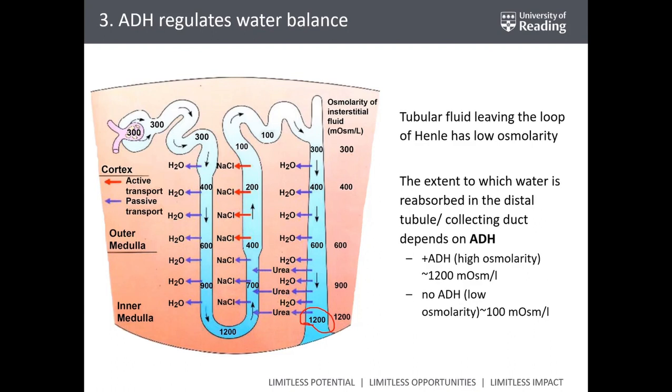But if there is no ADH, water will not be able to move from the collecting duct back into the interstitium. And so the urine will have low osmolarity, and the lowest osmolarity that urine can have is around 100 milliosmoles per liter.